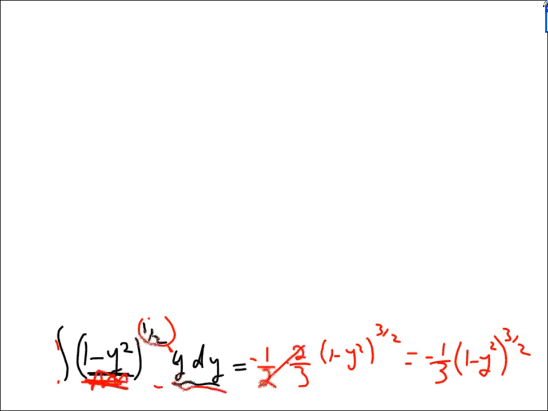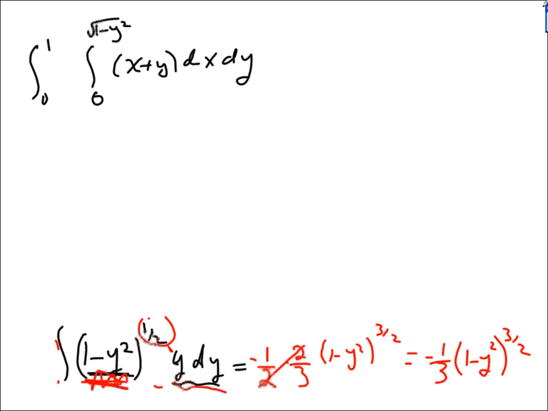Now, suppose you have the integral from 0 to 1 of the integral from 0 to the square root of 1 minus y squared of x plus y dx dy.